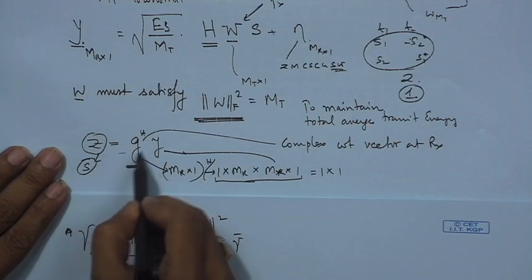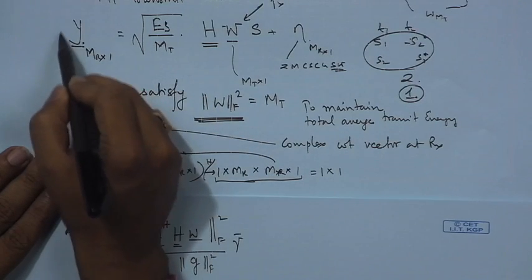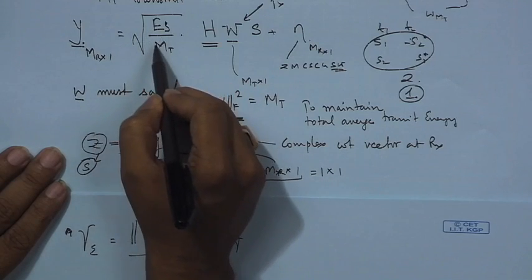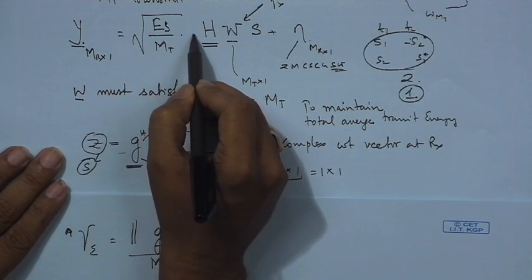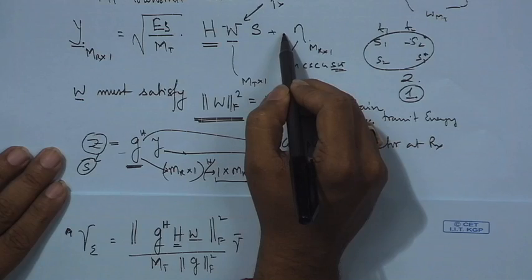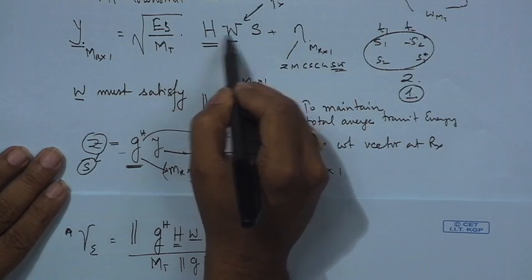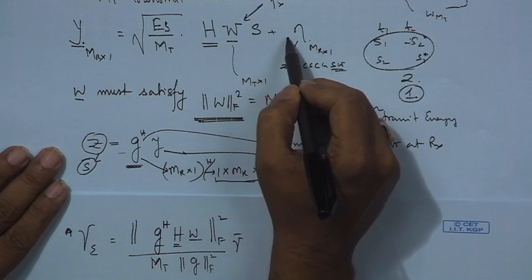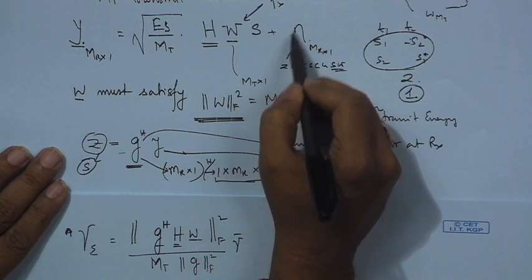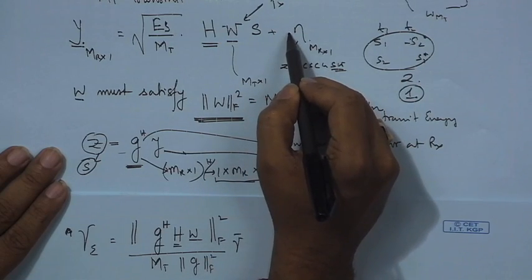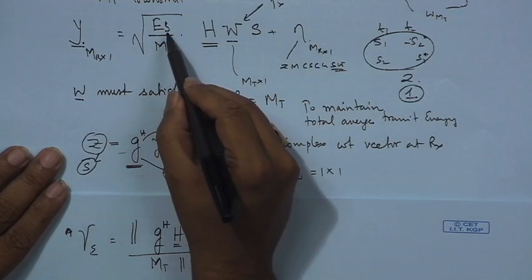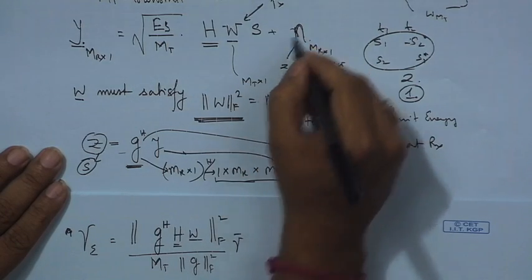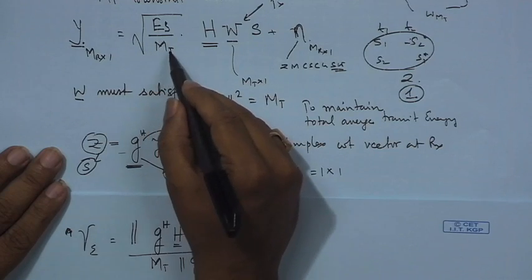we are multiplying G Hermitian with y. So if we are multiplying G Hermitian with y, we have a G Hermitian which comes here. This is on the left, so we have a G Hermitian which comes here. So G Hermitian HW, the Frobenius norm of that, divided by the Frobenius norm of the weight that comes over here, that is G Hermitian, and of course Es by N naught comes in, which is gamma bar, and MT comes in.